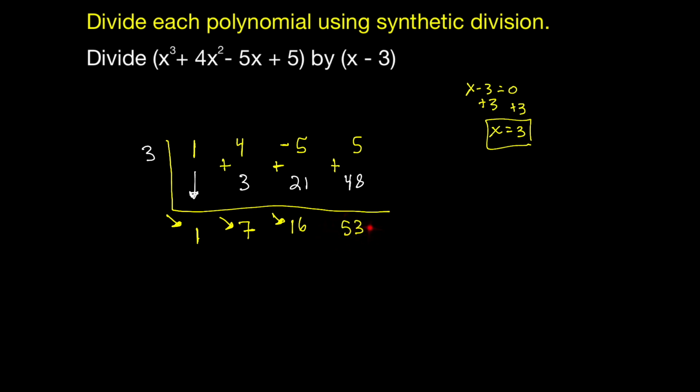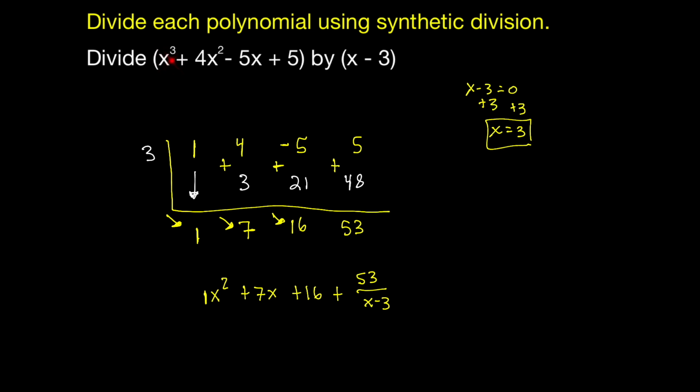The last value, the one at the very end, that's going to be your remainder, and you're going to divide it by x minus 3. So my solution now, since I had x to the third and I just divided, is going to start with x squared. So I'm going to get 1x squared plus 7x plus 16 plus 53, and that would be the quotient.